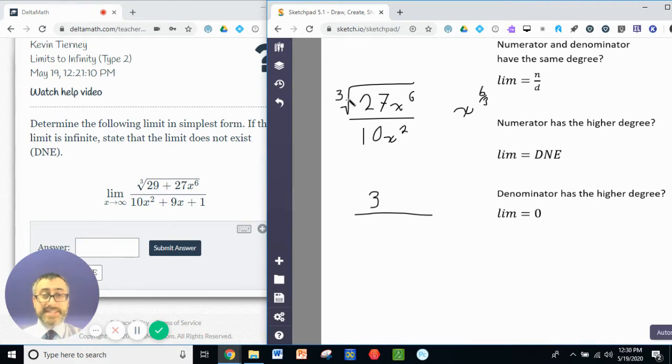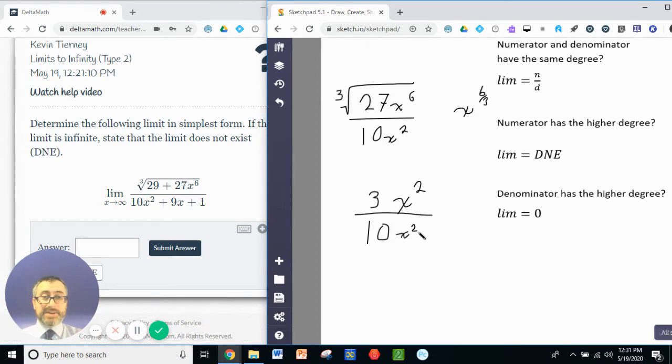Yeah, when we have this index here, this root, we can put that as the denominator of the exponent, keeping the original exponent in the numerator. X to the 6 thirds, more simply said, that's just x squared. The denominator of our main function hasn't changed at all, so I'm going to leave that as 10x squared.